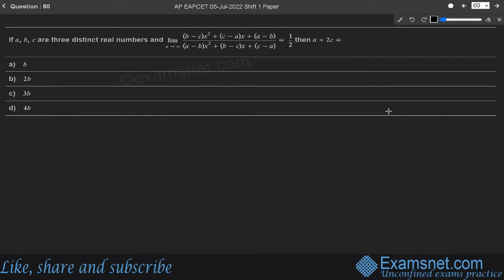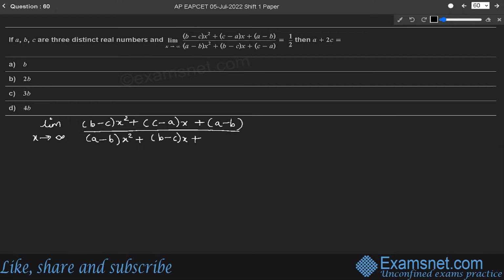Next question is, if a, b and c are three distinct real numbers and limit x tends to infinity of (b minus c) x square plus (c minus a) x plus (a minus b), whole divided by (a minus b) x square plus (b minus c) x plus (c minus a) is equal to 1 by 2, then a plus 2c is equal to.